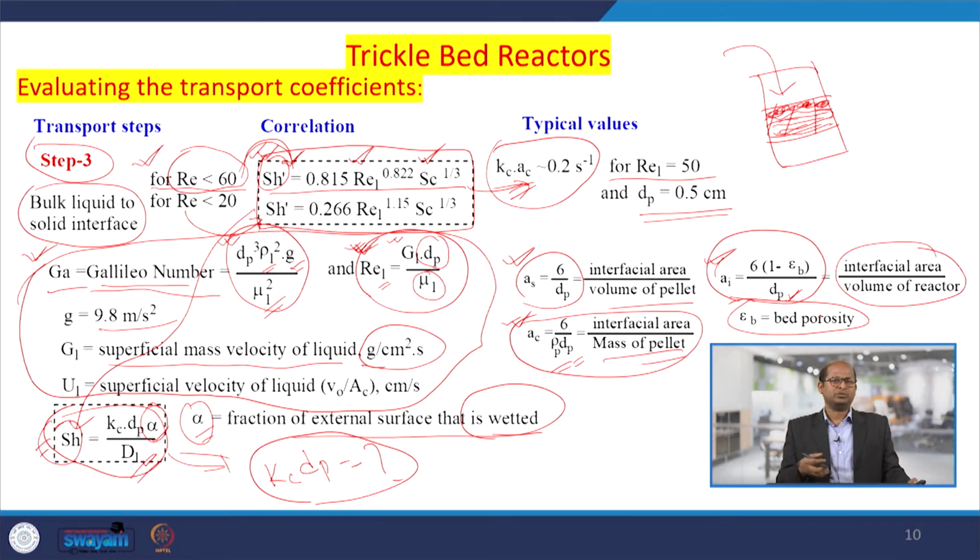These are the parameters you have to know to find the individual correlations. Then we can substitute them to find the overall transfer coefficient, and from that the rate of disappearance of the component participating in the reaction. Okay.